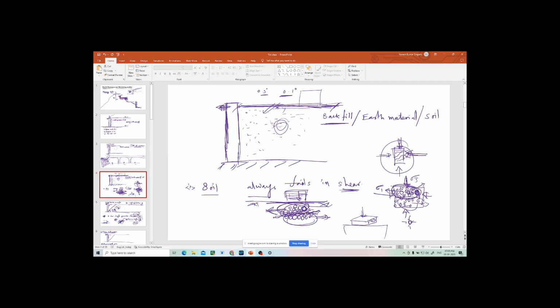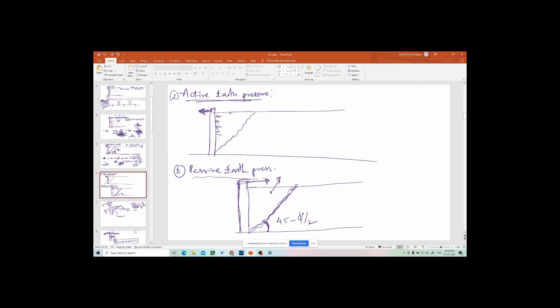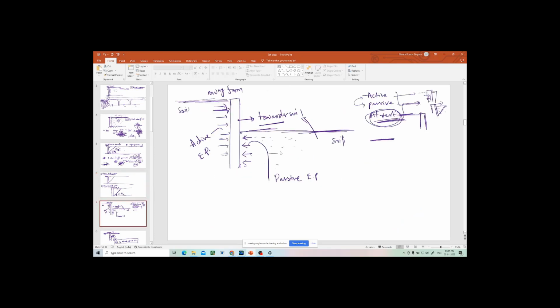When the wall is moving towards the soil, then also the soil will fail.